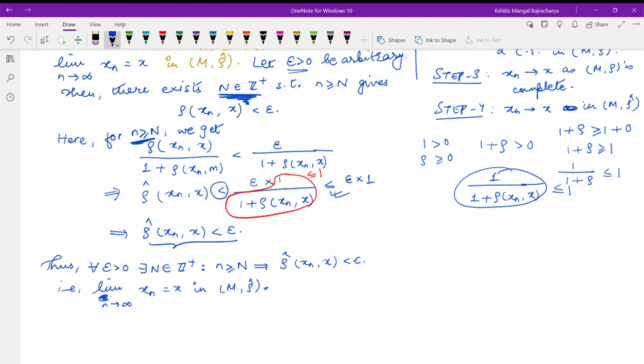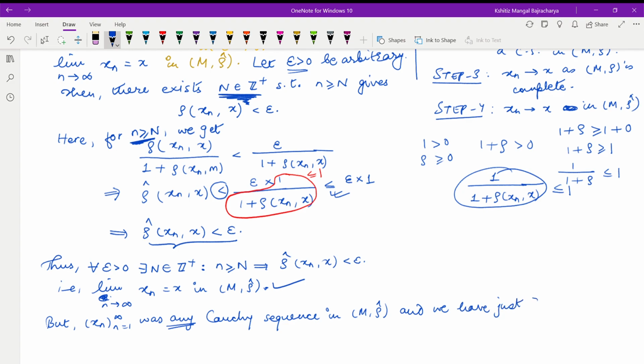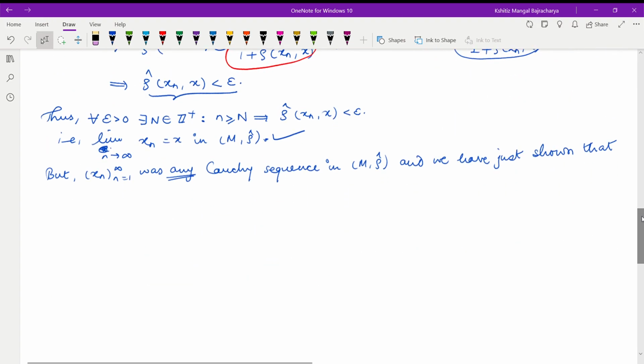But initially x_n was any arbitrary Cauchy sequence in M rho tilde, and we have just shown that x_n converges to x in the metric space M rho.